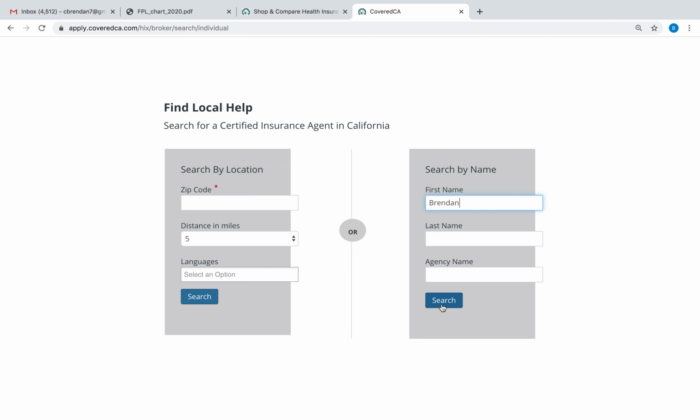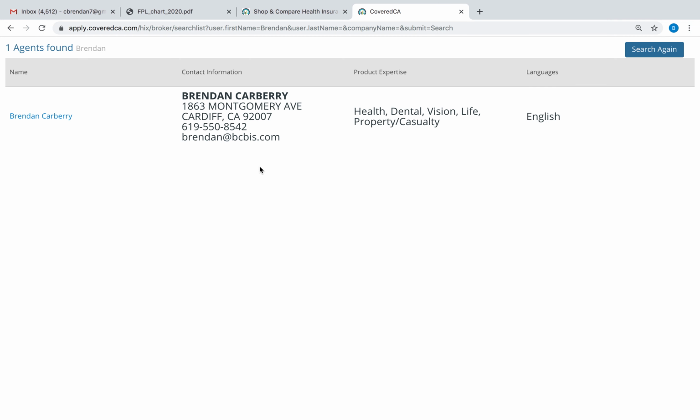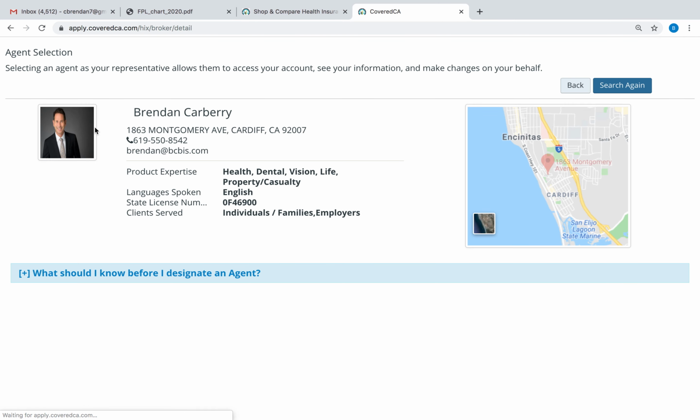I'm the only Brendan in California. Here's my email and my phone number. There's a little picture of me. And you can select the agent. I can't select myself. It doesn't show up. But you click select agent. You click on four little buttons, and then it would give me access to your delegation and be able to help you and assist you in the future.